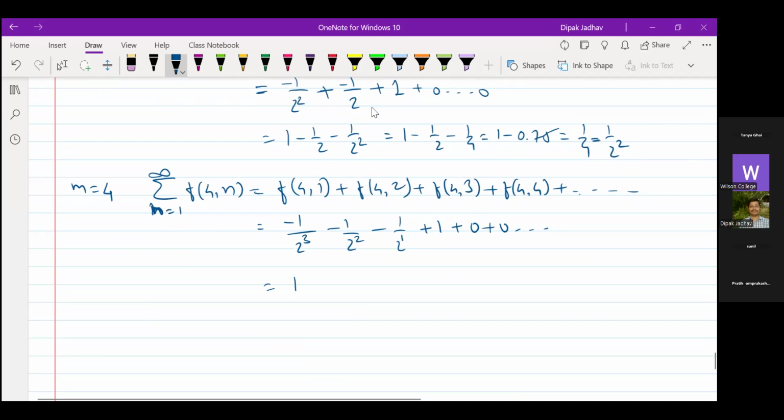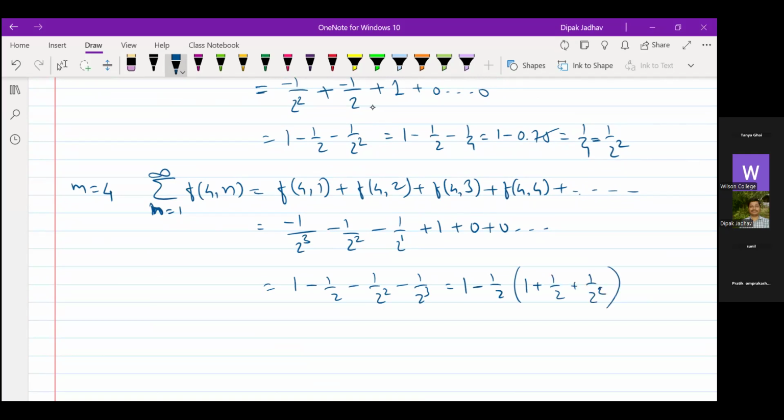Let me write in reverse order. We will not keep on adding; we'll use the result from geometric progression. This looks like a geometric progression. So I'm going to get 1 minus 1 by 2 common, and what is left inside is 1 plus 1 by 2 plus 1 by 2 square.